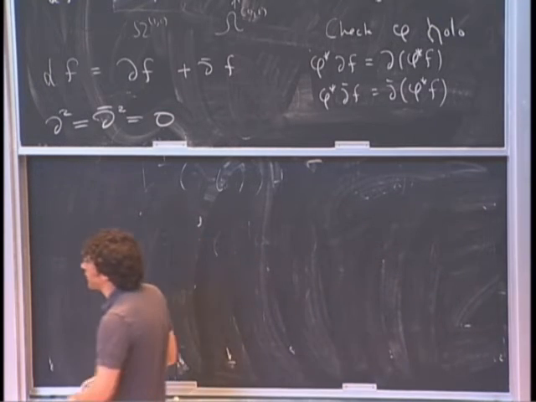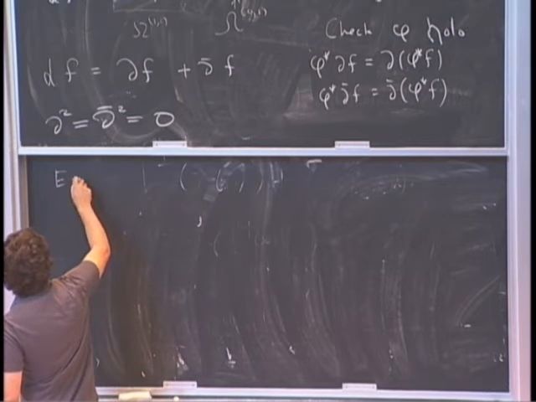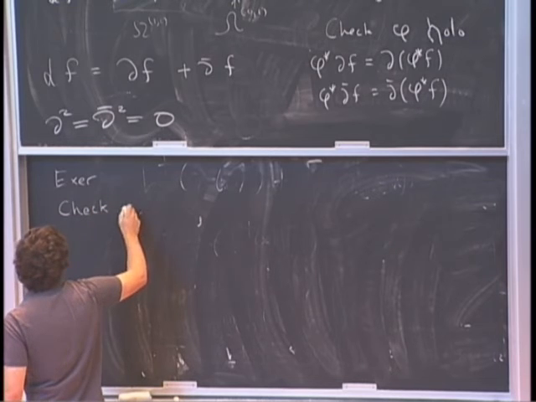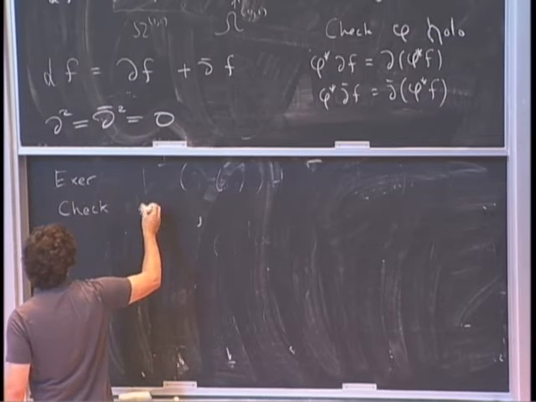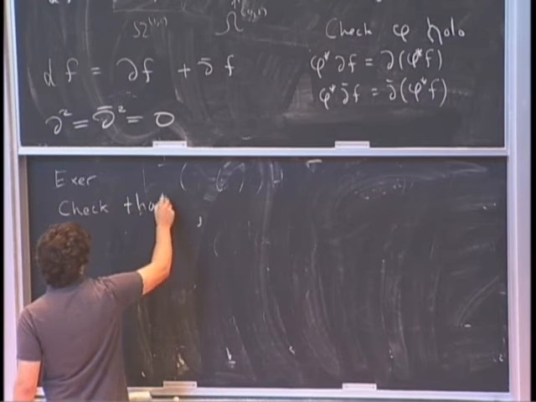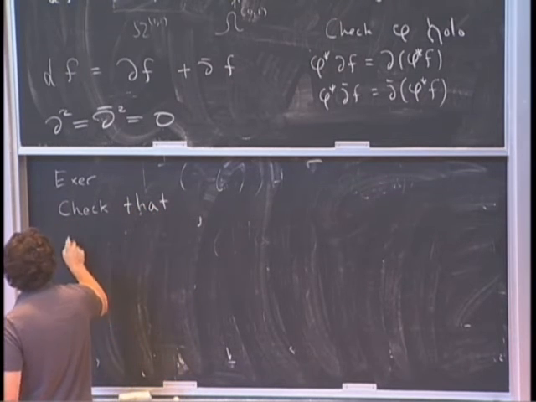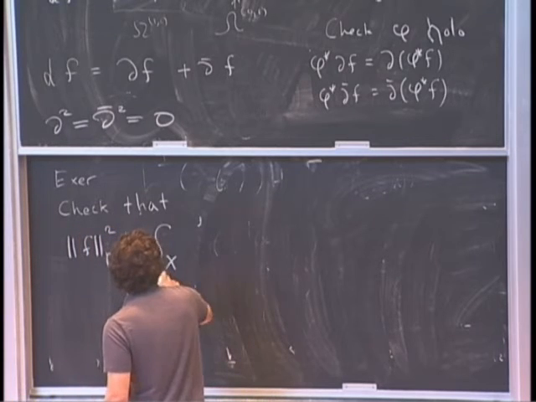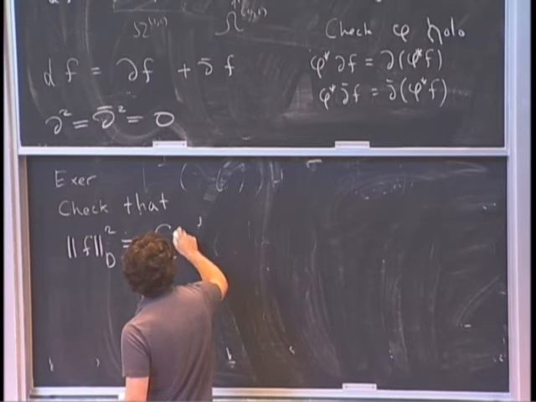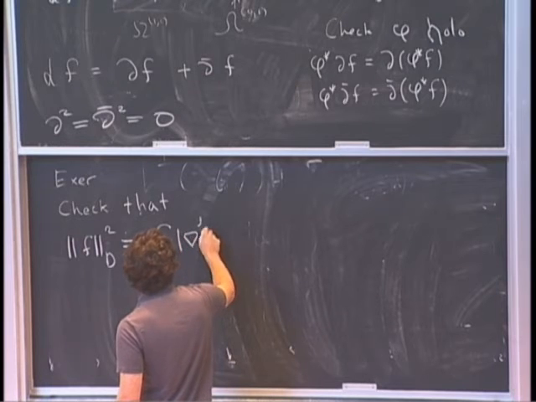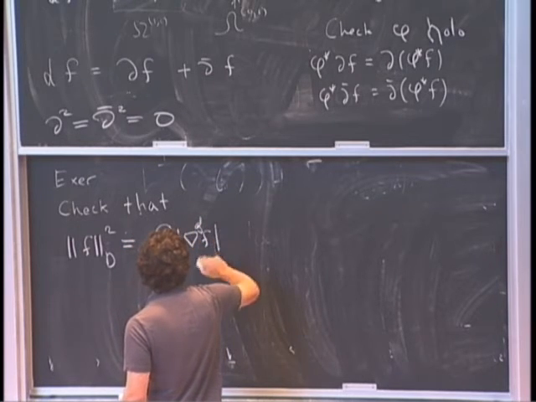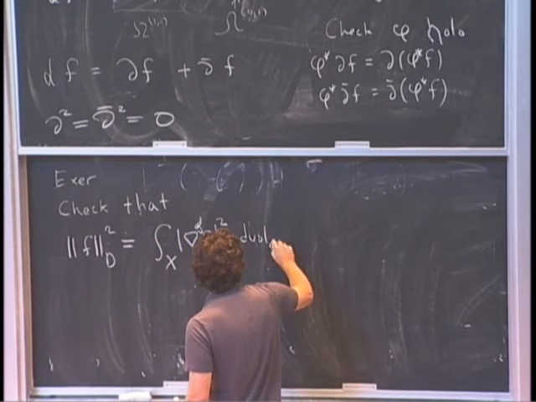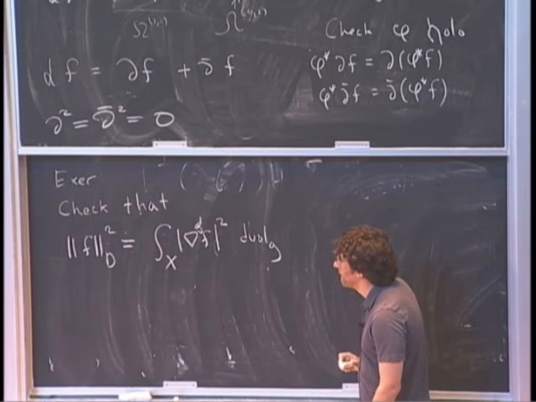You should maybe, as an exercise, check that this is equal to the integral over x of what you would normally expect, which is the gradient of f with respect to a metric g compatible with the Riemann surface structure, squared, d vol g.